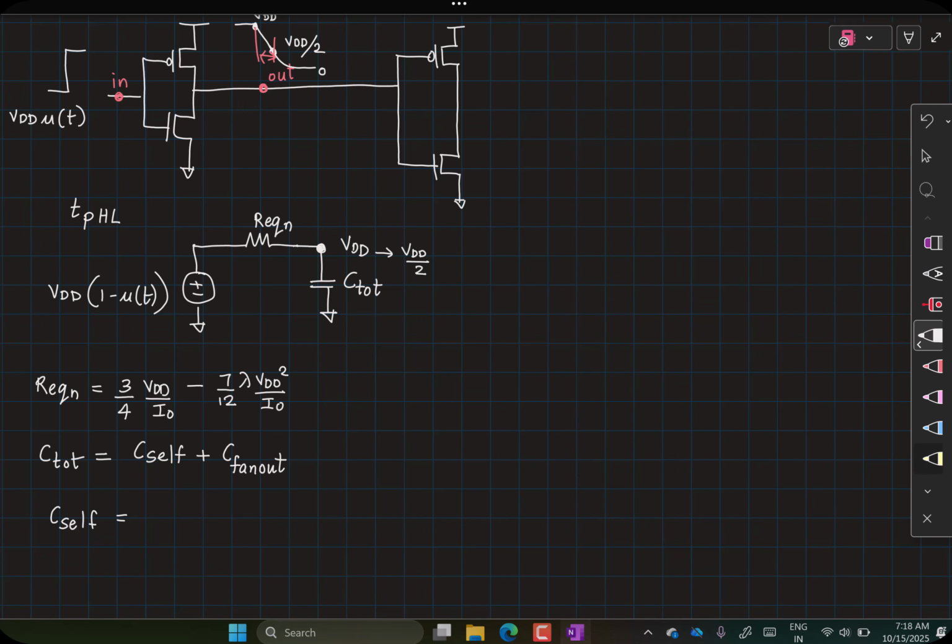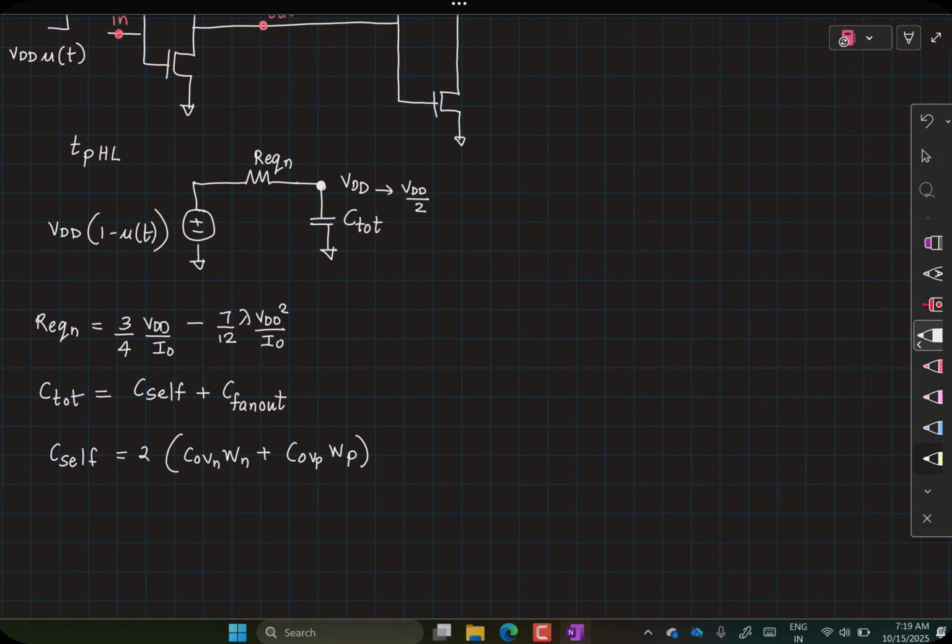So the value was then given by 2 times the overlap capacitance times the width of the NMOS transistor plus the overlap capacitance times the width of the PMOS transistor, plus the diffusion capacitance. This is between the drain node and the bulk node.